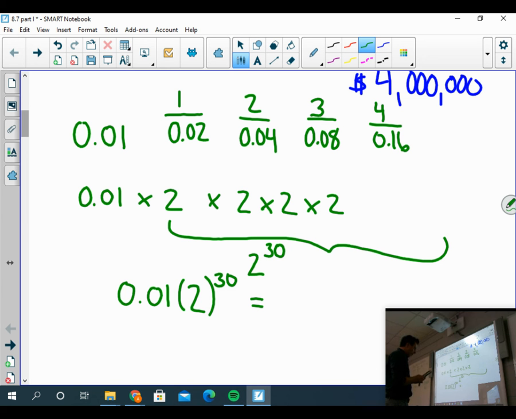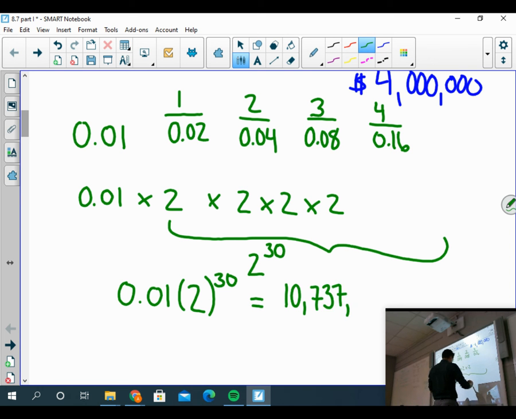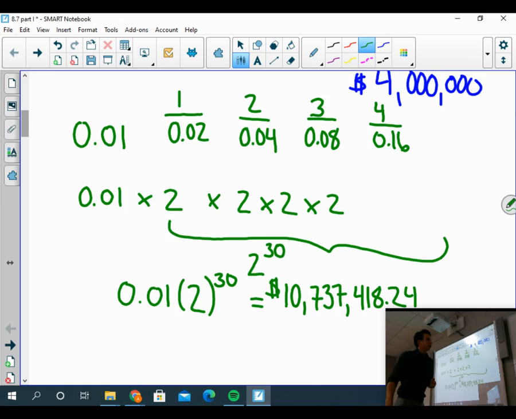So when we do that calculation, we end up with $10,737,418.24. Okay? And so clearly the better option is to go with the penny a day.